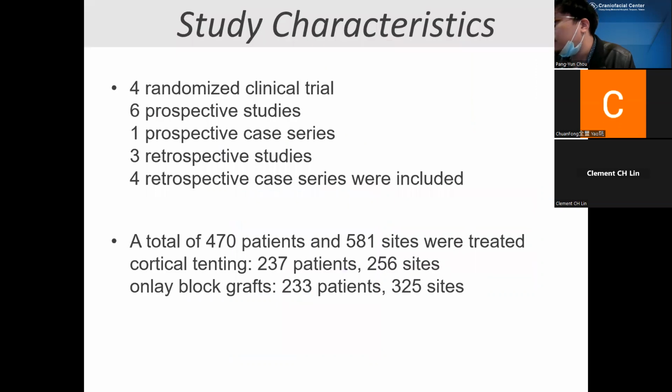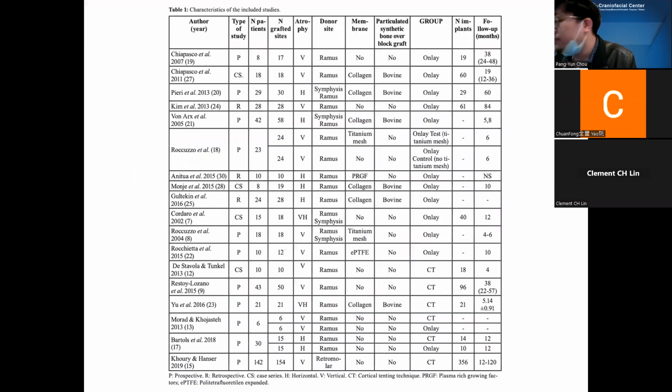Of the 18 included studies, 4 of them were randomized clinical trials. A total of 470 patients and 581 sites were treated, including 237 patients for cortical tenting and 233 patients for onlay bone grafts. And these are all the studies listed in this systematic review.